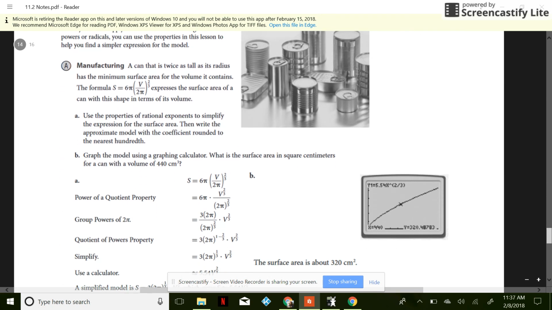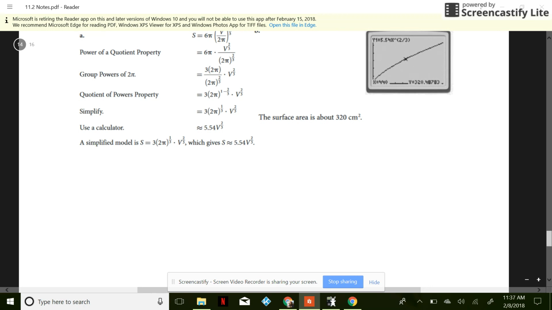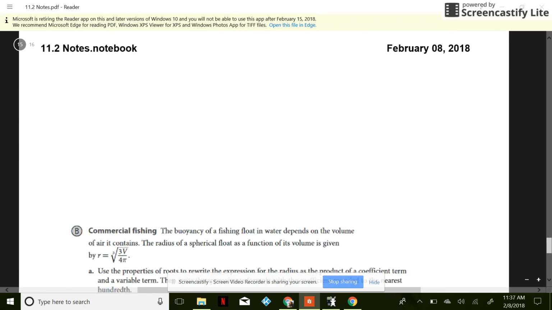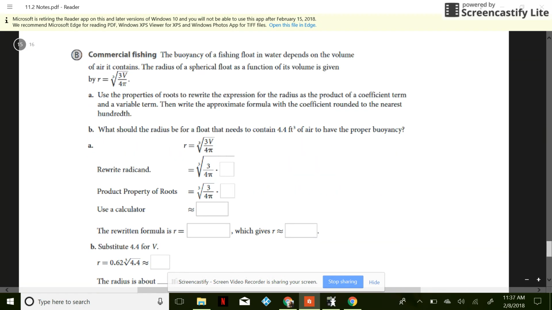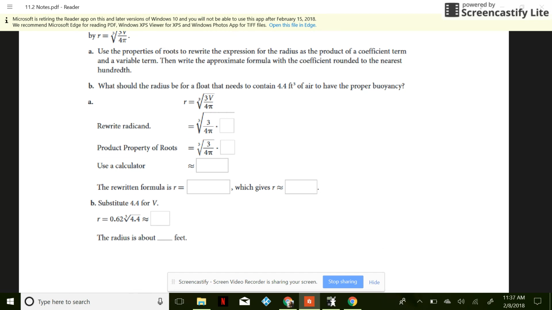So we can rewrite these using some models, plug in some values, and see what answers they're looking for, essentially. So in this case, we've got the buoyancy of a fishing boat in water depends on the volume of air it contains. We're given an equation. So first thing we want to do is rewrite it. So here they broke apart the 3 over 4 pi, and then that would be multiplied times v.